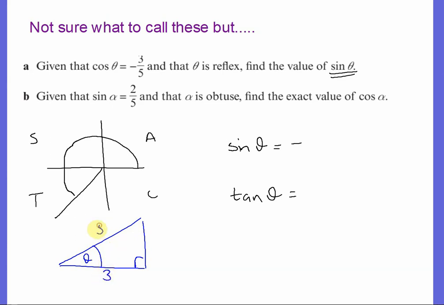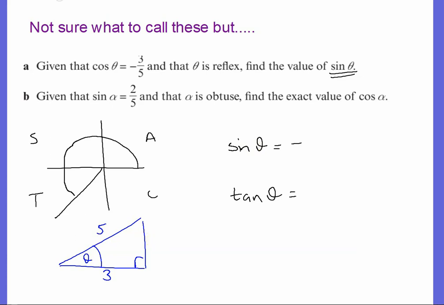Now with a triangle, there's no need to think about the negatives because they don't physically exist. And you should understand by now the symmetry of these. We're going to get the same results whether it's positive or negative in the CAST diagram anyway. So to use a sine ratio, what I need is the opposite and the hypotenuse, and to use the tan ratio, I need the opposite and the adjacent. So we just need to work this out.